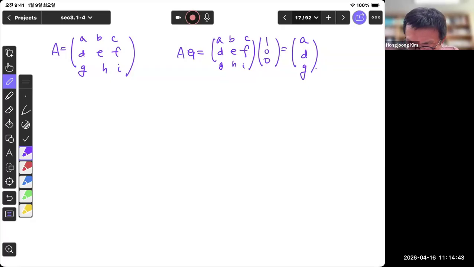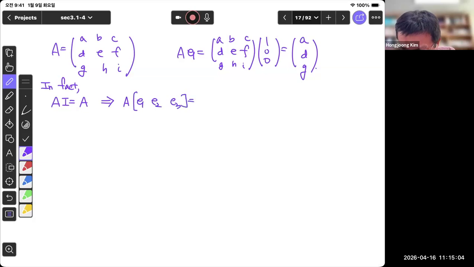I mean, A times the identity will be A, right? So A times E1, E2, E3 will be A. That is A1, A2, A3. Okay.